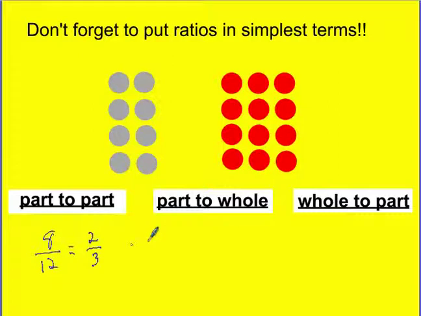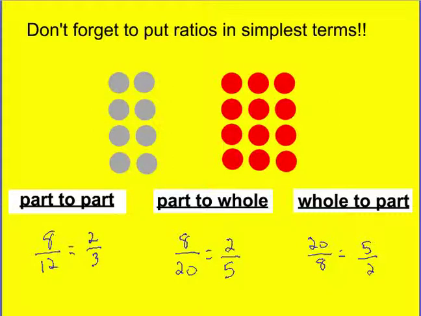Put it in simplest form. When we had part to whole, we had 8 gray dots compared to 20 total dots. So that would be 2 over 5, which simply means that for every 5 dots, 2 of them are gray. And with the whole to part, the good thing about that is if we had 20 over 8, you know how it simplifies already. It's going to be for every 5 dots, 2 of them are gray. Okay.